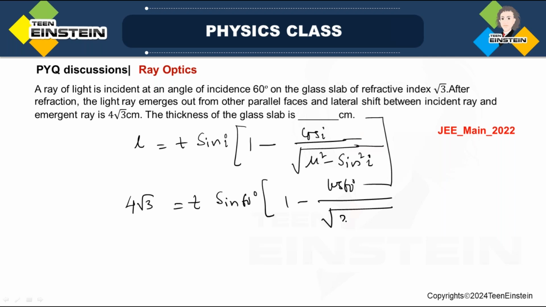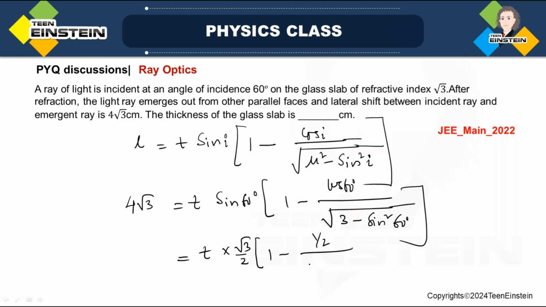That means this is 3 minus sine square i. Sine 60 degree is actually root over 3 by 2, cos 60 degree is half. This is square root of 3 minus 3 by 4.